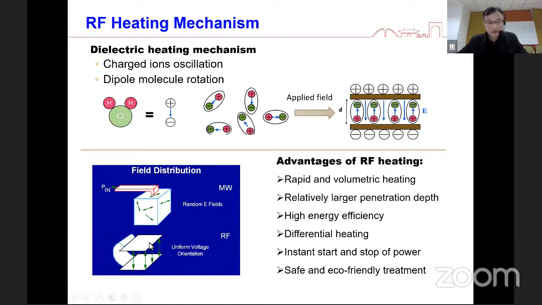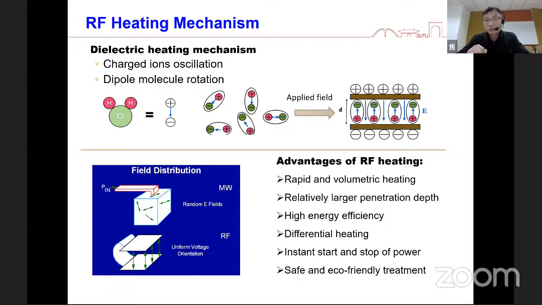And this is for the RF heating. Generally, it has two parallel electrodes, and the electric field distribution is relatively uniform between those two parallel electrodes. That's a huge advantage compared with the microwave. RF has a relatively uniform electric field distribution, but for microwave oven heating, it's totally random.